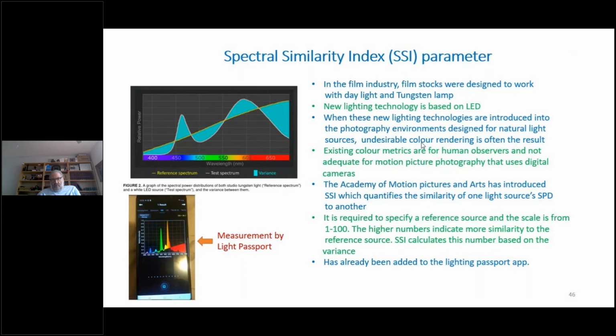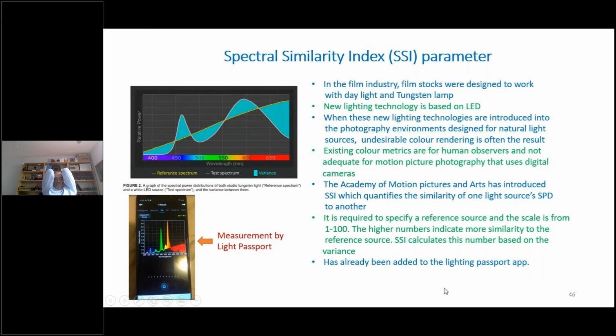So you need to specify a reference source. The scale is from 1 to 100. So here you can see there's an LED spectrum, and this is the black body spectrum. It would basically measure the average variance of the light source with respect to the black body source, and it will give you a number from 1 to 100, and the closer to 100 it is, the closer the source is to the black body source.